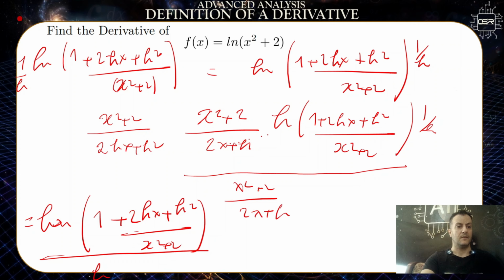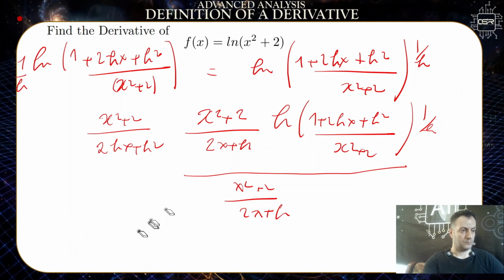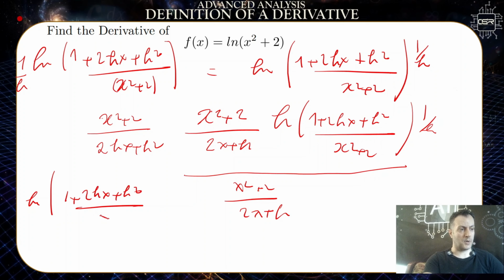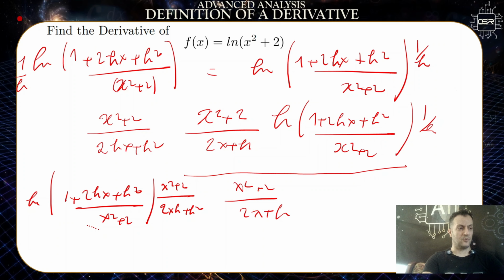So this is moved to the numerator, and we end up with ln of 1 plus 2hx plus h squared divided by x squared plus 2, to the power of x squared plus 2 divided by 2xh plus h squared. Okay, so this becomes e, right?